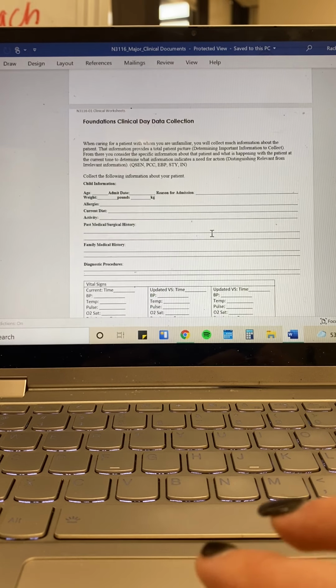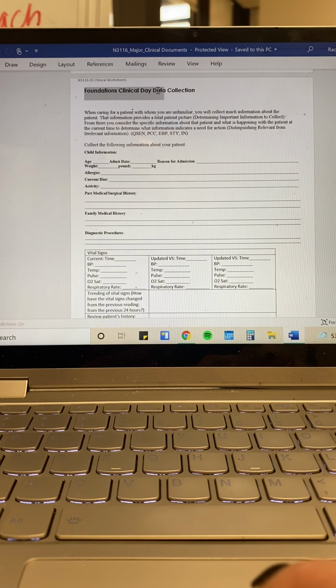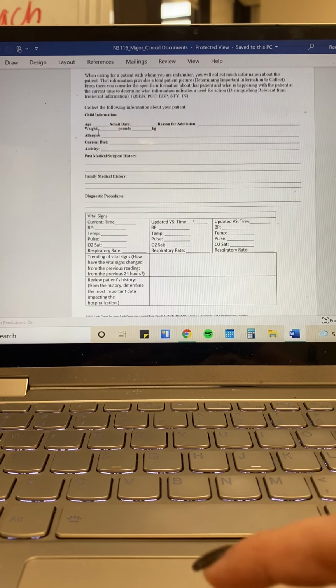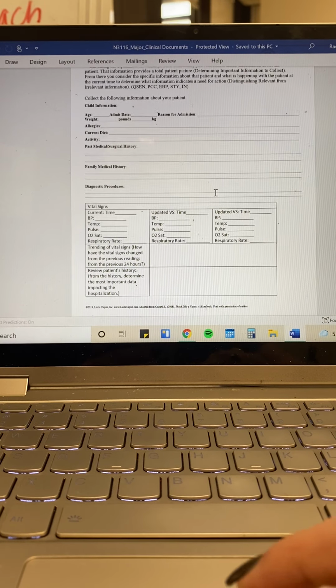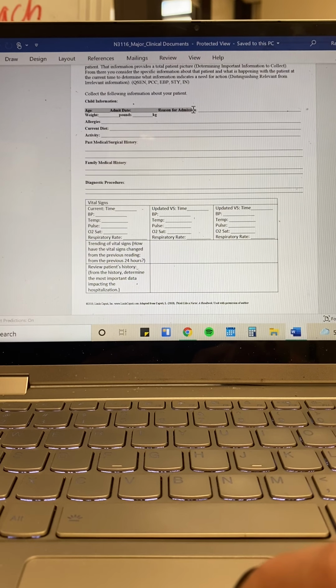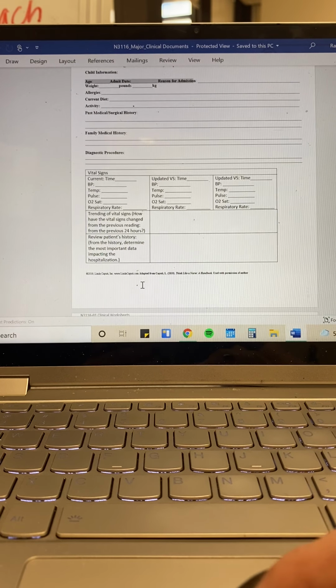As you move to page 2, you find the Foundation's clinical data collection. Under this, it is just a ton of demographic information, everything from your client's age, the admission date, the reason for admission, all the way down to the trending of their vital signs.